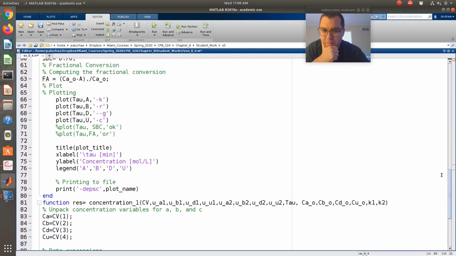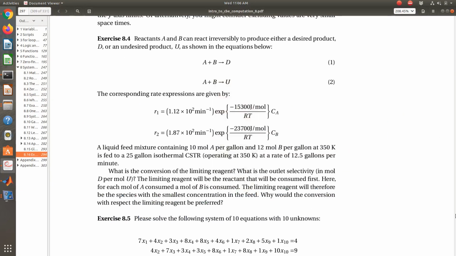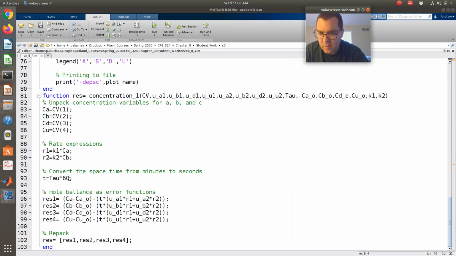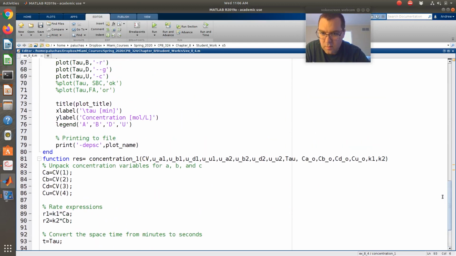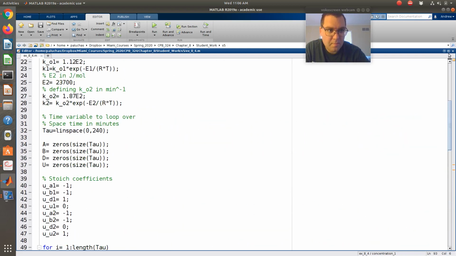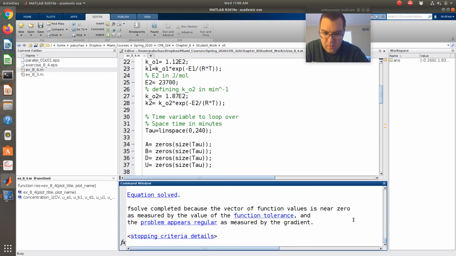Let's check. Okay, so my exponential term here has units of inverse seconds. So our unit of time is actually minutes. So let me convert that back to minutes. See if that has any sort of effect on things.